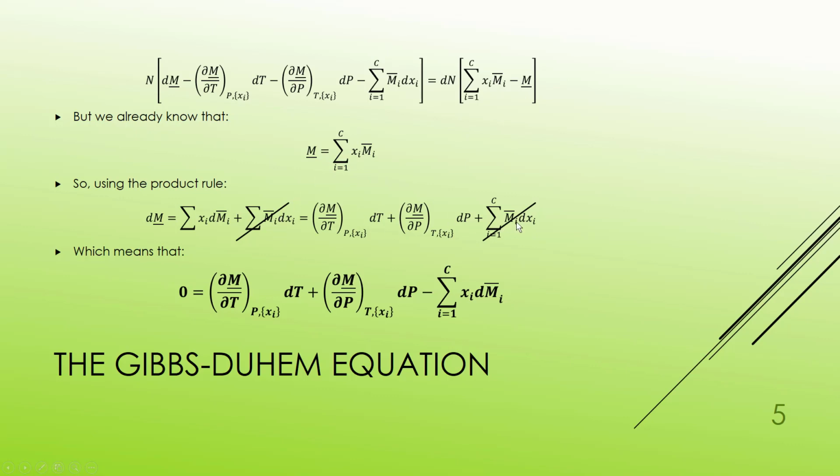I can eliminate that. So we end up now with this simplified piece, where I have these three terms that are left. And so the sum of these, or these two minus that one, is going to identically be 0. And this is what we're going to call the Gibbs-Duhem equation.